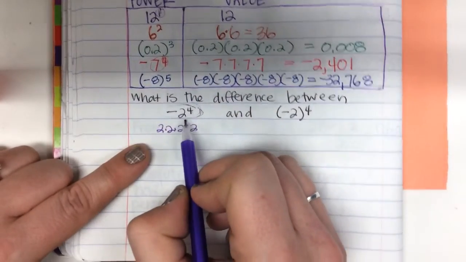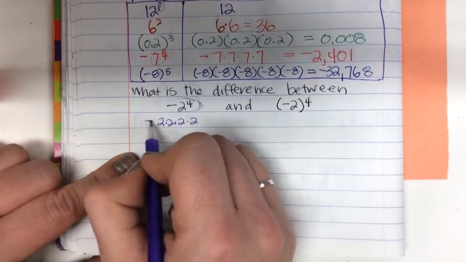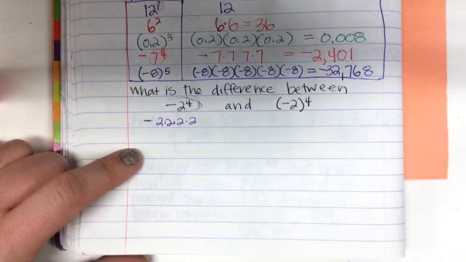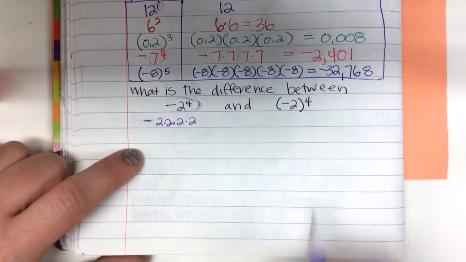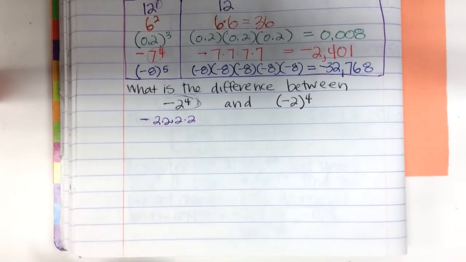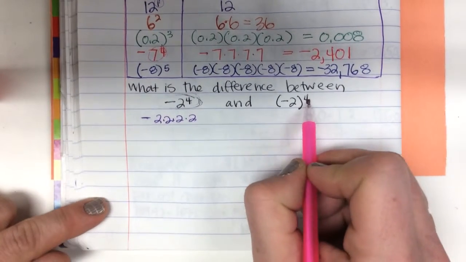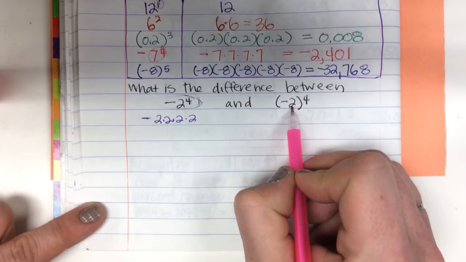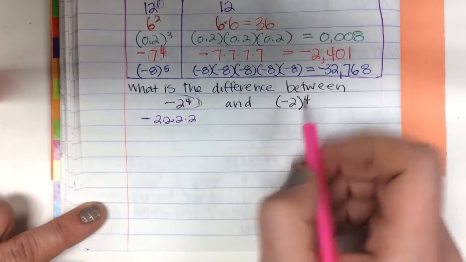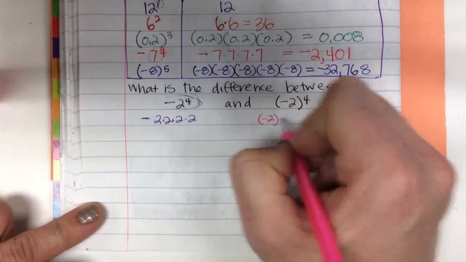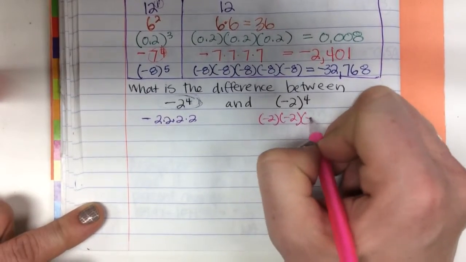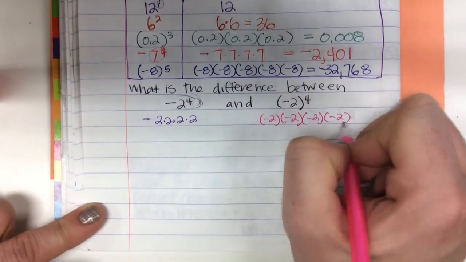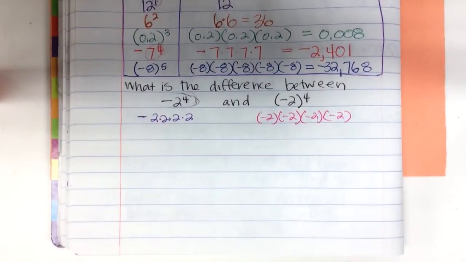It means 4 2's with a negative in front. What does this mean, Jordan? It means there are 4 negative 2's.